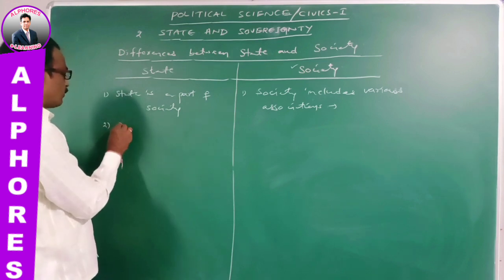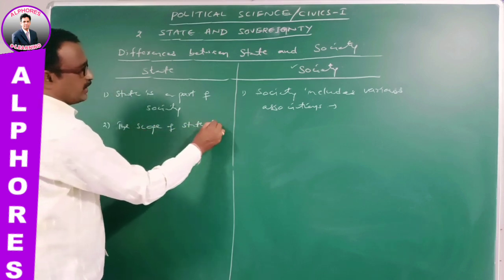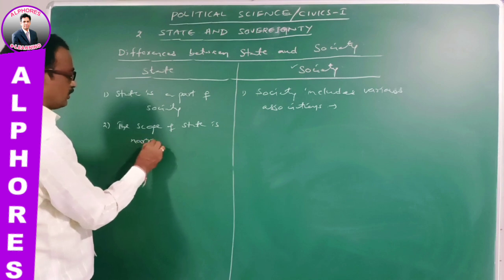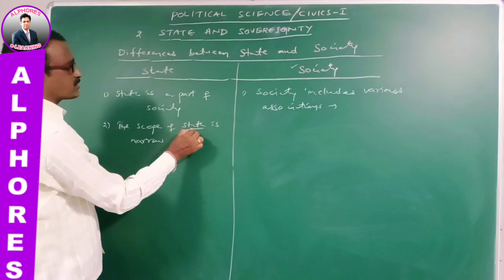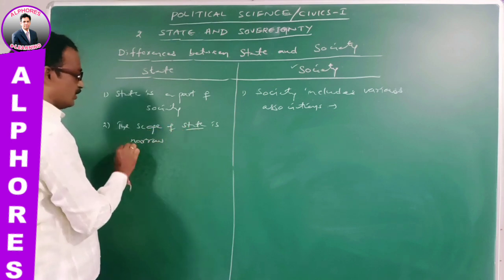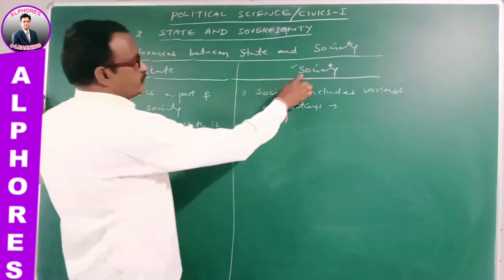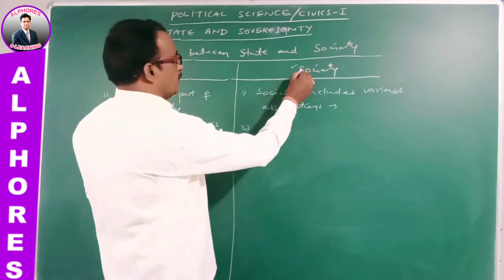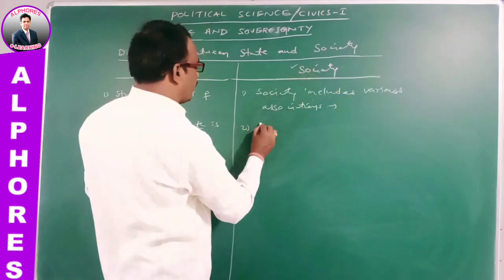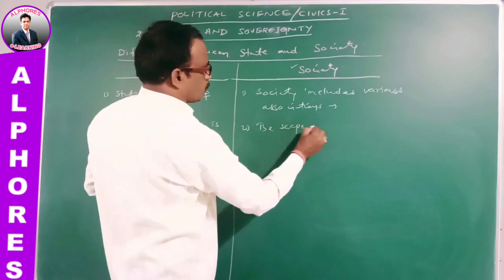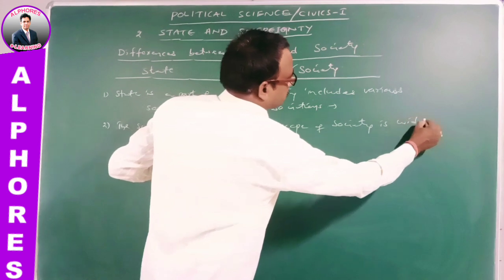The scope of state is narrow because the state's activities are extended to its territorial limits only, hence its scope is narrower than that of society, whereas society includes all associations, hence its scope is wider.